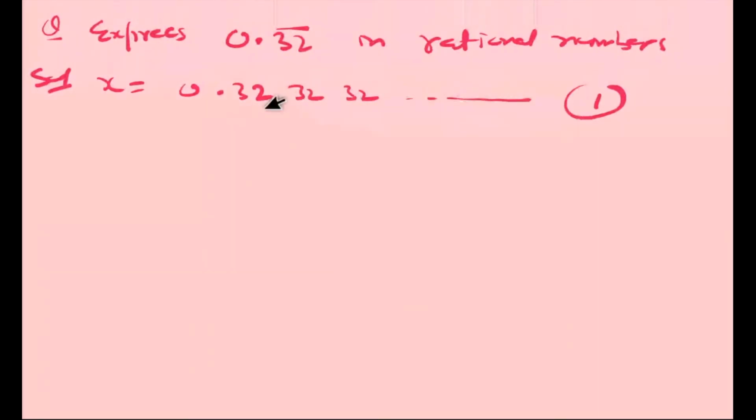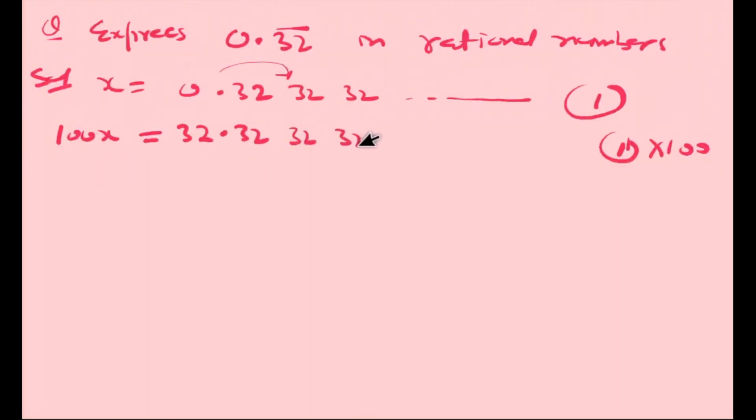This is equation 1. Now we multiply by the two decimal places, meaning 100. So 100x, equation 1 multiplied by 100, right? So we get 100x equal to 32.323232 and so on, equation number 2. Write this way, aligned, so you can subtract it.